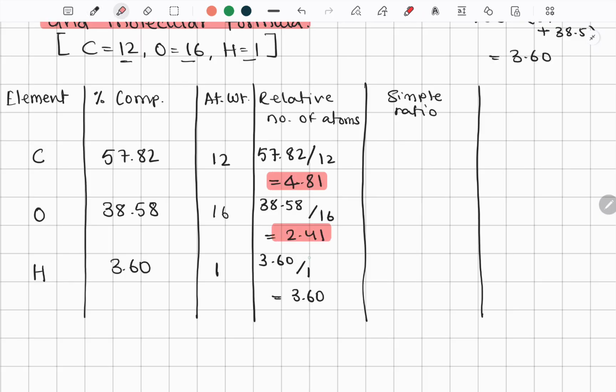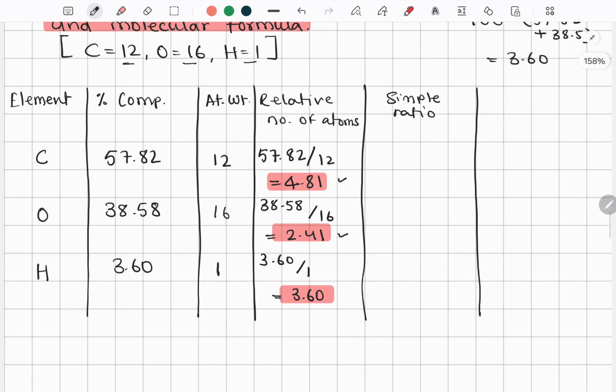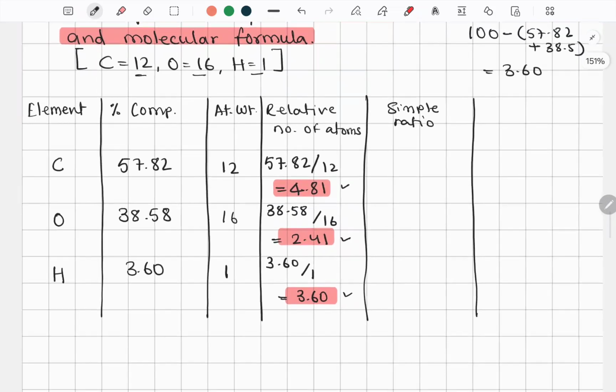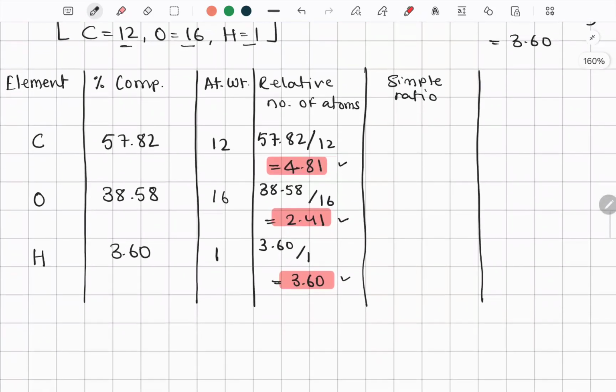Now it's very simple. Out of the three, you have to select the smallest value. Among 4.81, 2.41 and 3.60, which value is the smallest? 2.41 is the smallest, so you have to divide all the values by 2.41. So it's 4.81 divided by 2.41, 2.41 divided by 2.41, and 3.60 divided by 2.41.